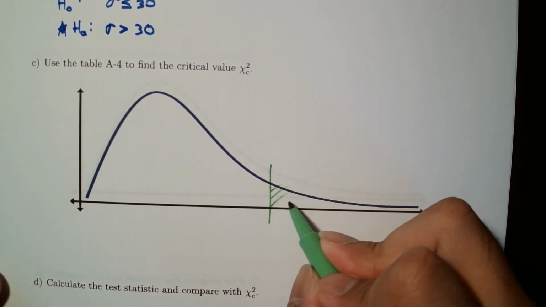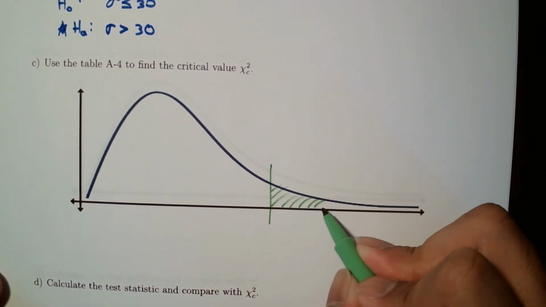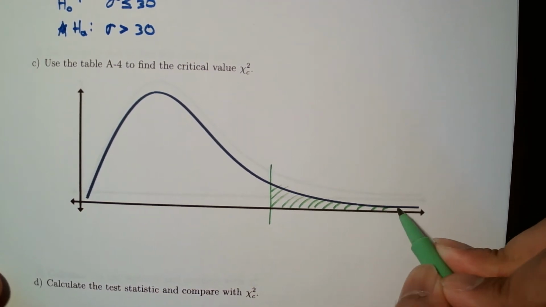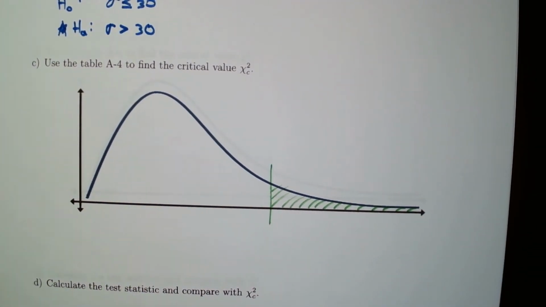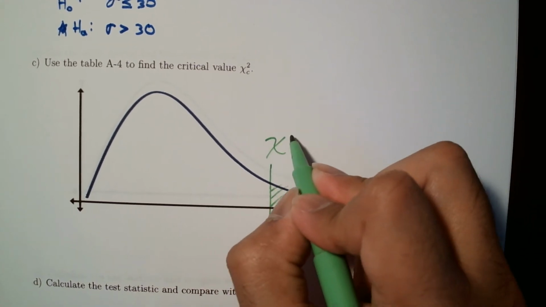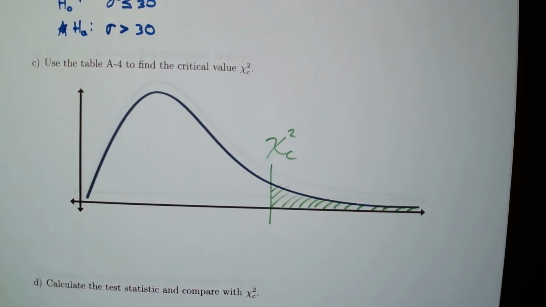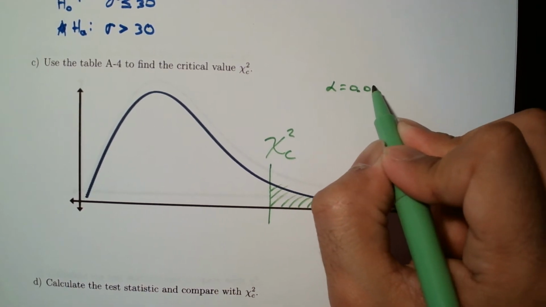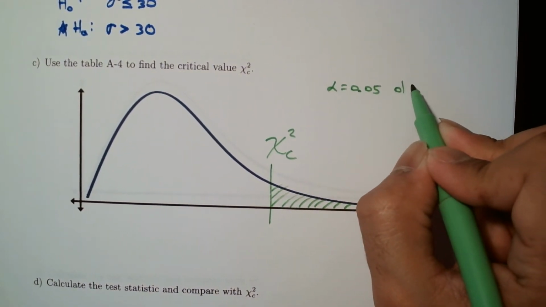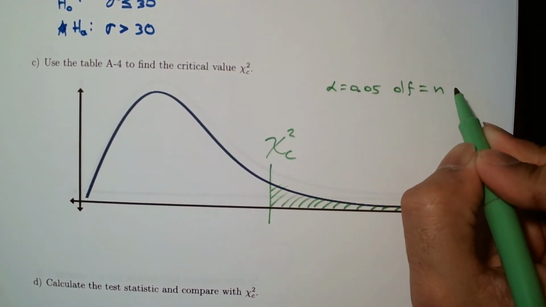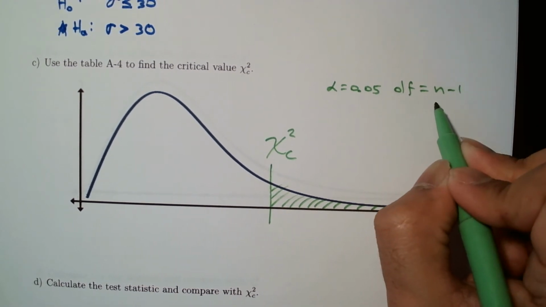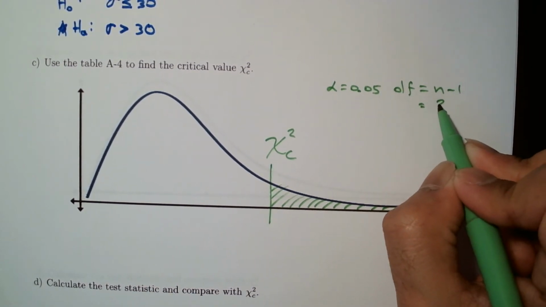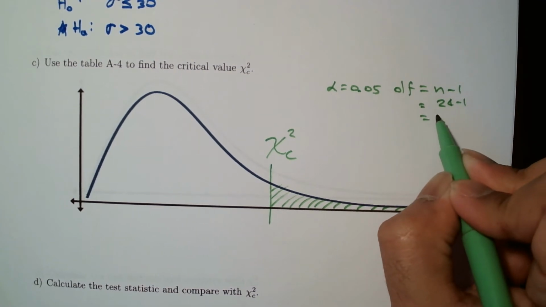Let's shade it and find the chi-square critical value for this. All right, so let's see. In this case, alpha equals 0.05 with degrees of freedom, which is 1 less than the sample size, that is 24 minus 1, which equals 23.